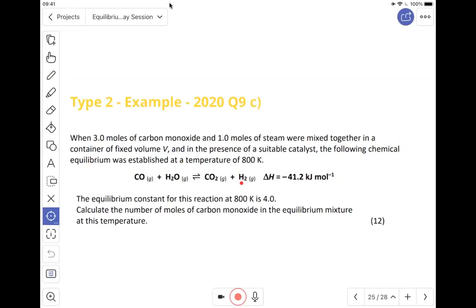They've then said that the equilibrium constant for this reaction was 4.0, and they've asked you to calculate the number of moles of carbon monoxide. With this question, you are going to have to use your RICE table to find as many of your concentrations in moles per liter at equilibrium as you can, and let that equal 4 and work backwards.